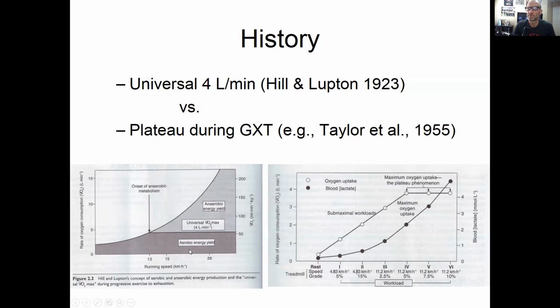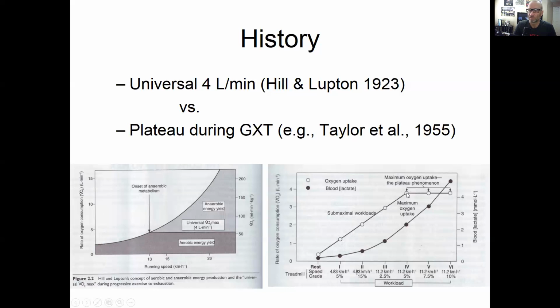So it's the same type of model as what Hill used, except Hill manipulated just speed. The open circles represent VO2. The way that Taylor and colleagues interpreted this is that VO2 increased linearly, versus non-linearly in the Hill model, and then eventually reached a plateau.